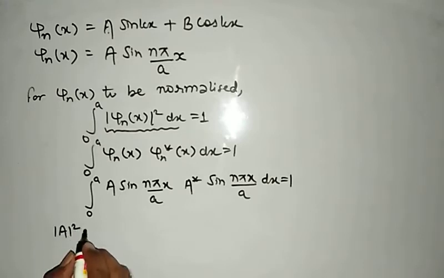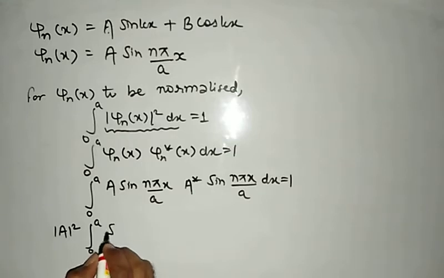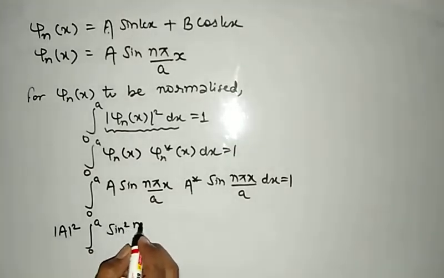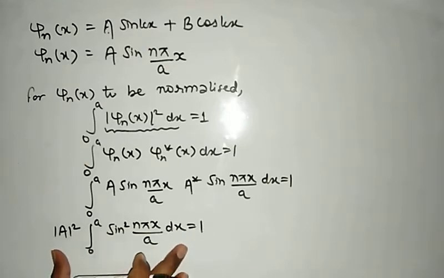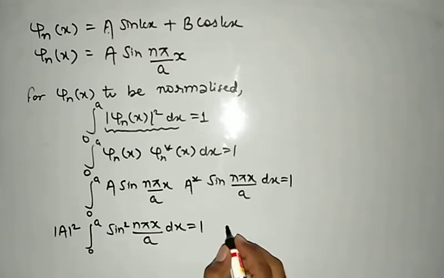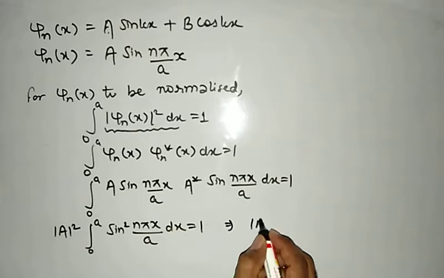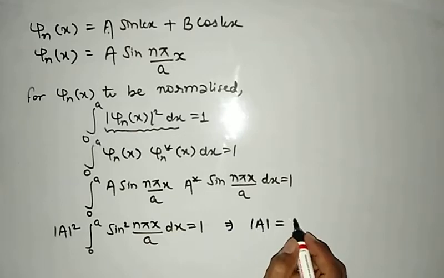So mod A squared times the integral from 0 to a of sin squared(n pi x by a) dx is equal to 1, and we have solved this integration in the particle in a box also. So obviously we will get mod A is equal to under root 2 by a.